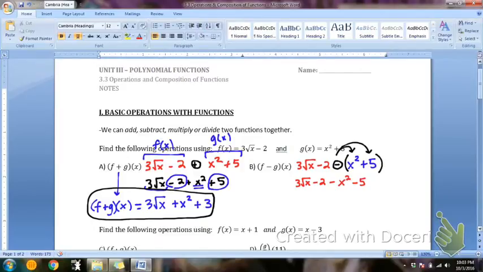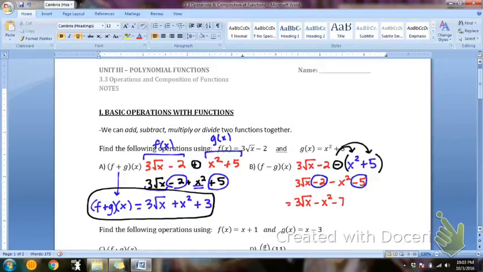Now we're going to combine like terms. There's nothing that goes with 3 radical x. There's nothing that goes with negative x squared. But I can combine the negative 2 and the negative 5. Negative 2 and negative 5 make negative 7.